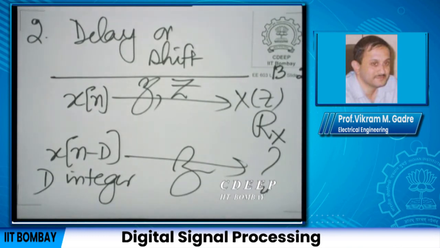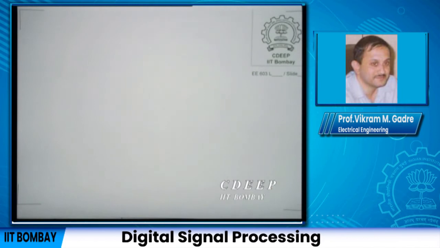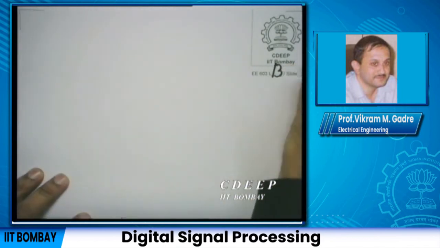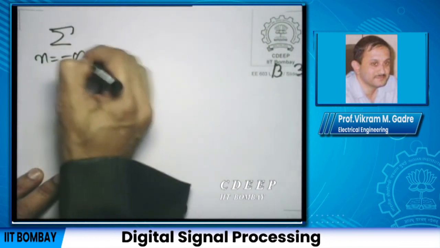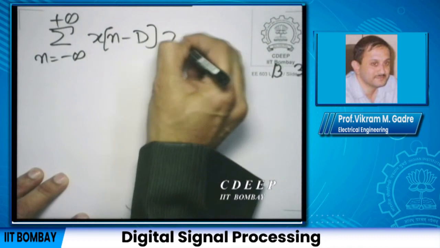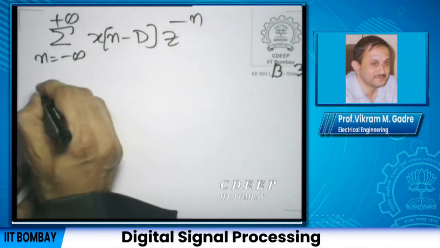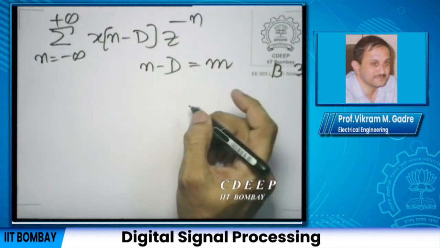It is very easy to answer this question. We only need to write down the summation. The summation, n going from minus to plus infinity, x[n minus d] z raised to the power minus n, can be evaluated by putting n minus d equal to m.